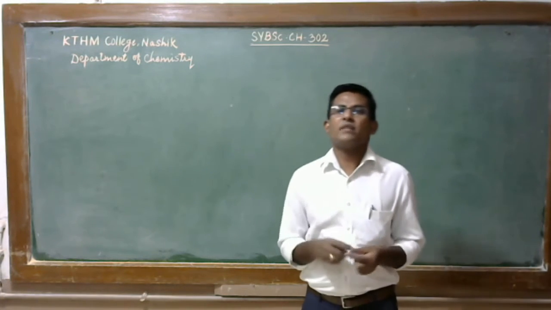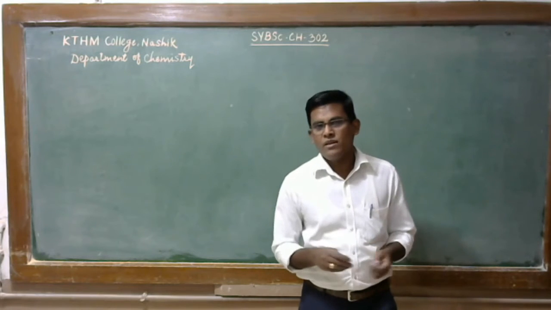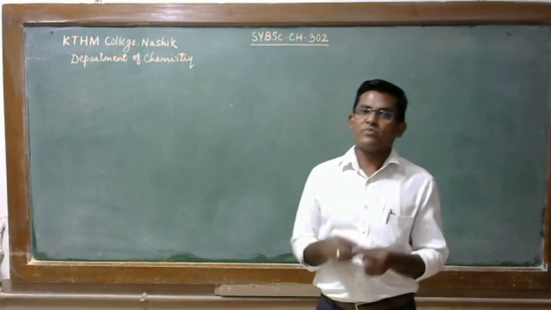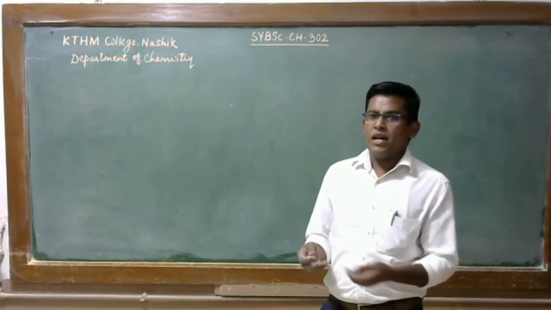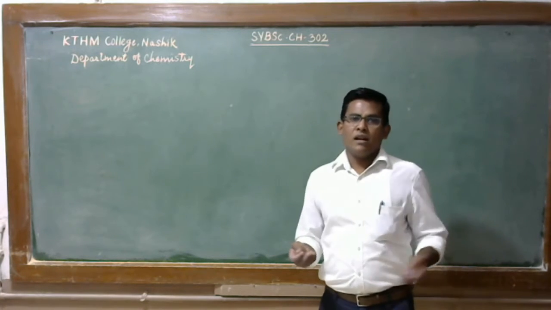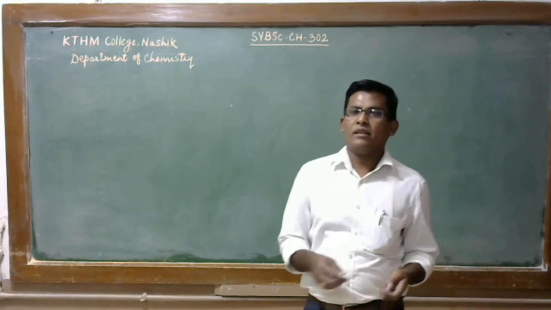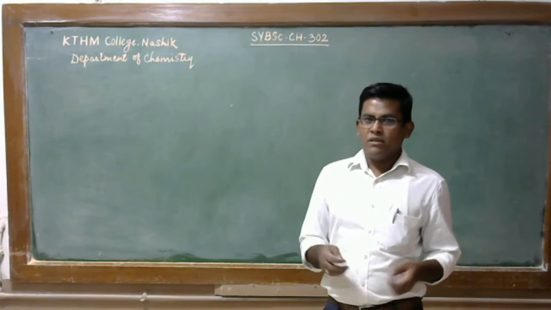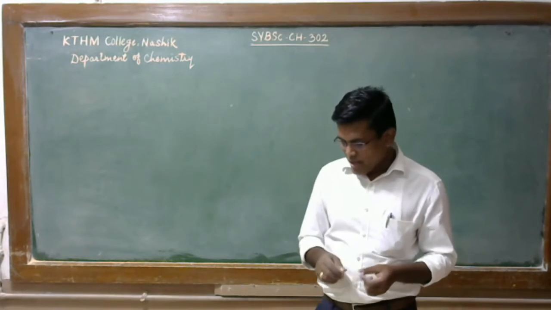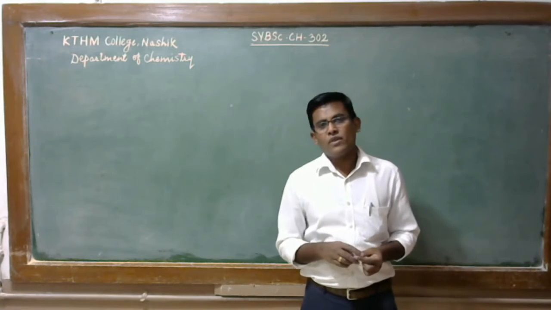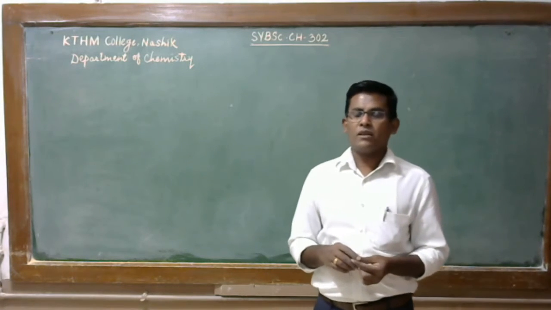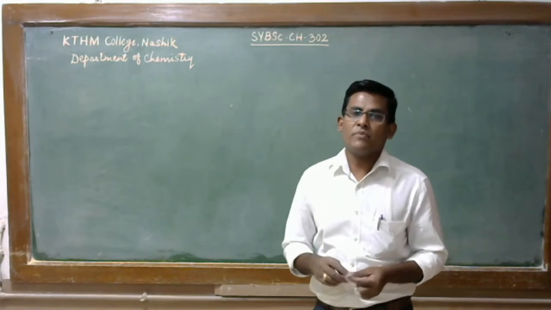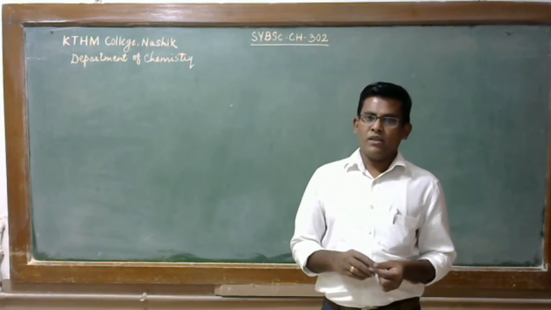Benzene can be prepared by using acetylene by a cyclic polymerization process. Just simply, acetylene is passed through the red hot iron tube at 873 Kelvin temperature to give benzene. In the fourth method, we have used benzene sulfonic acid.